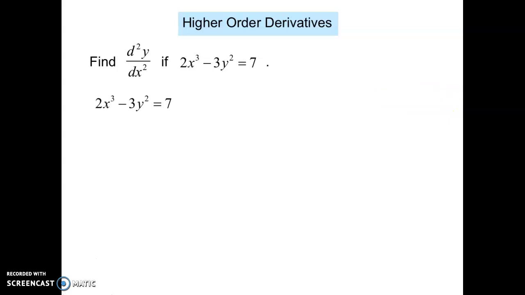So I take the derivative first term by term. When I do, I take the derivative of 2x to the third. This is an x, so I just take a straight derivative because it's with respect to x. So this would be 6x squared. Minus, here I have the chain rule because the inside function is not x, it's a y. So the -3 gets pulled to the front.